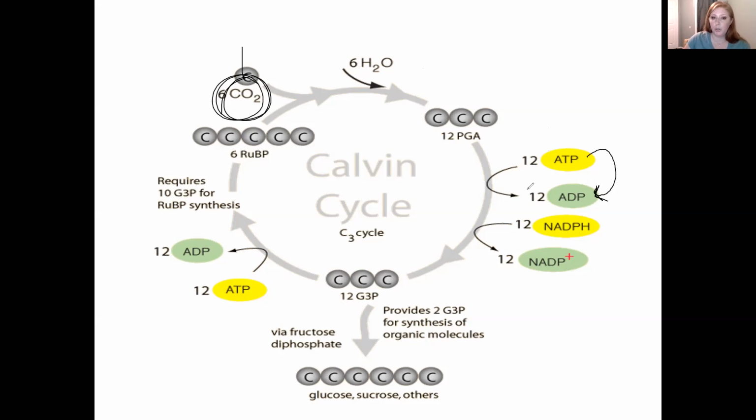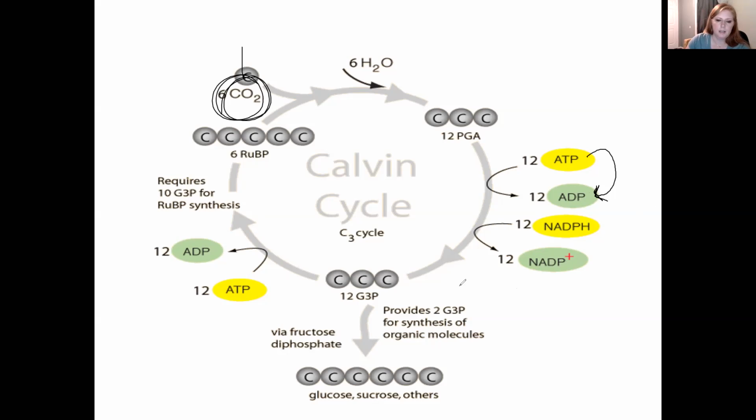So here we're using the ATP from light reactions, and that's why we get ADP. We're also taking our electron carriers, in this case NADPH, and dropping the electrons off here. So NADPH is being oxidized to NADP+, which is the opposite of what happens to our electron carriers in the citric acid cycle. They get reduced.